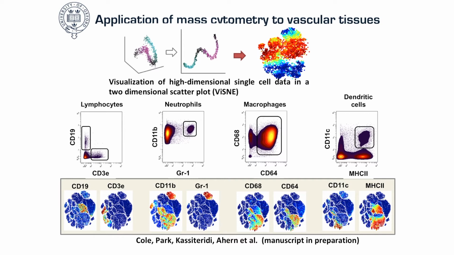And you can see how, by overlaying a specific marker, you can recognize major populations, for example your B cells, your T cells, your more myeloid markers. For example, you can see these neutrophils are high in CD11b and Gr1, which is a classic neutrophil marker in mouse. And you can recognize the macrophage populations here, and the dendritic cell populations.